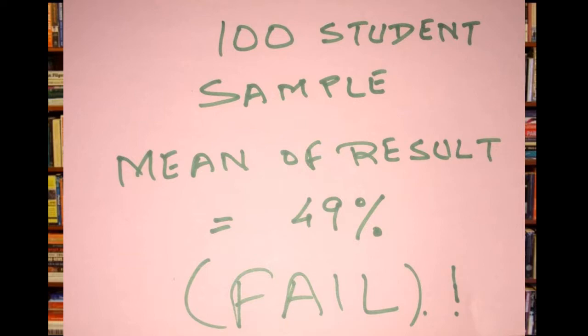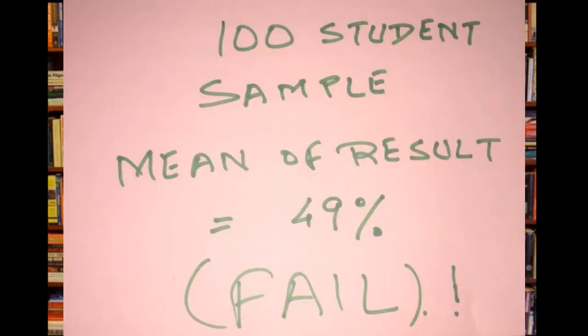And when the school took a sample of 100 students from their school and subjected them to the same test, they also found out that the mean of the test of these students is also less than 60%. That means the university is right. Our school children are not able to pass the exam.